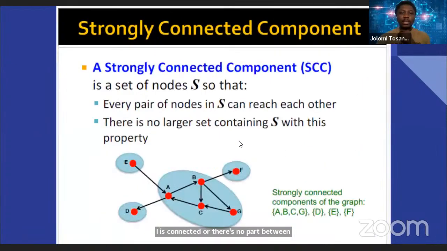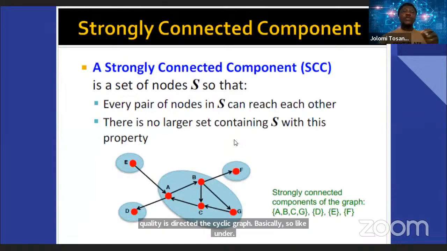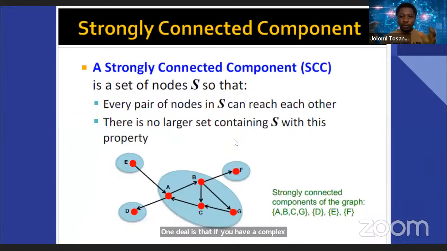And one thing is that if you have a complex network, we can actually reduce it to connections between SCCs. Remember, SCC is a strongly connected component. For example, if you have this big network, it can be reduced to 4 SCCs. There's a big community here where everybody can reach everybody, while there's another one here on its own, another lone community, and another lone community.